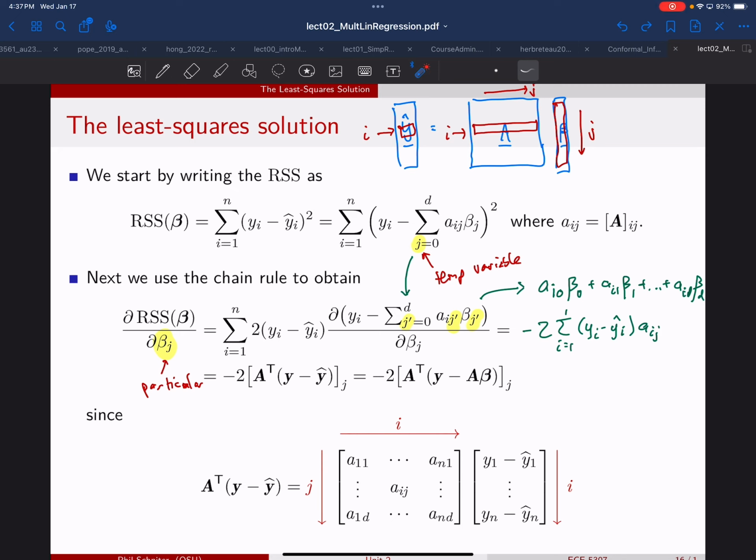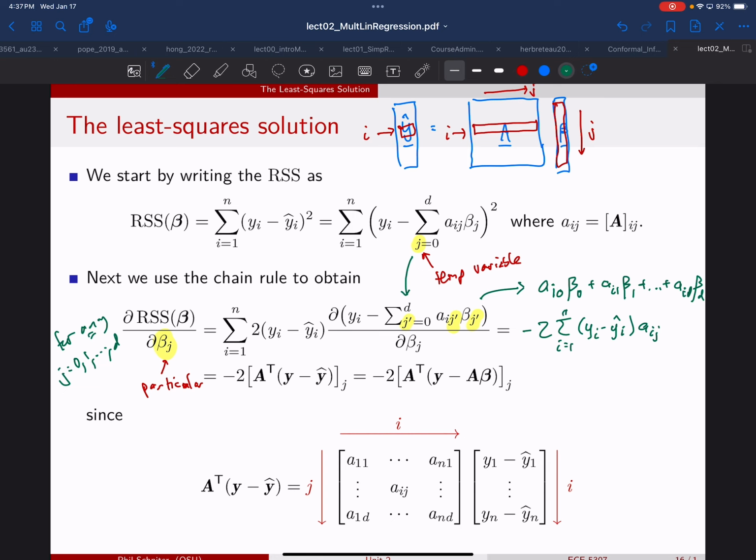It's not like when I go from j equals 0 to j equals 1, I have to rederive things. So I can be generic and come up with this expression. This holds for any j equals 0, 1, all the way up to d. Okay, so that's what gets us here.